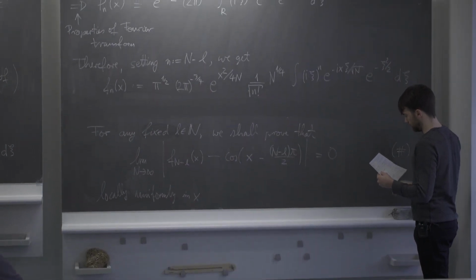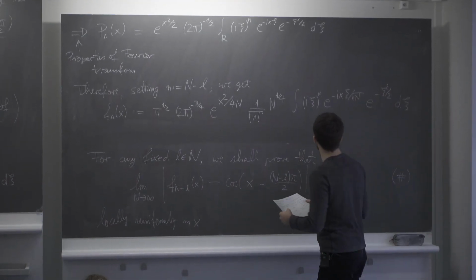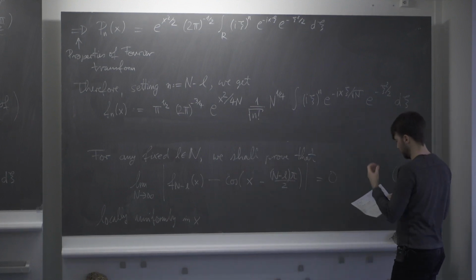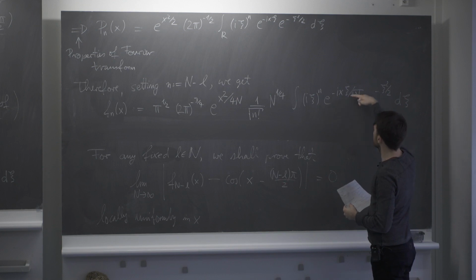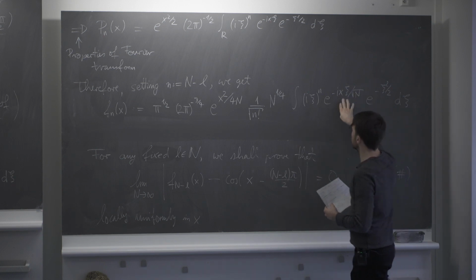And now I want to change the variables, because here this is an oscillatory factor, so when n goes to infinity, this will start oscillating like crazy, and this is difficult to control.